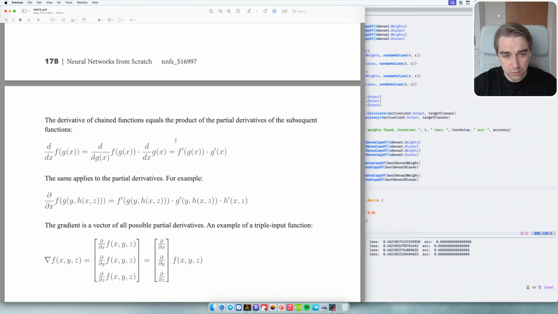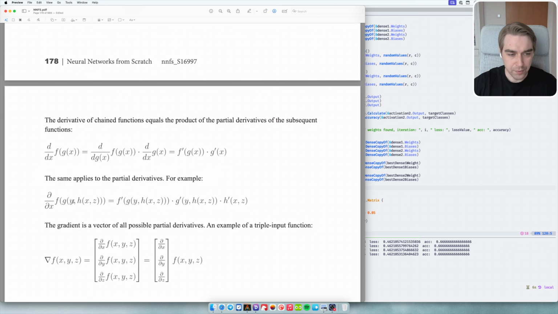So we have the derivative of the whole function inside, then multiplied by the derivative of the inner function. And the same applies to the partial derivatives.